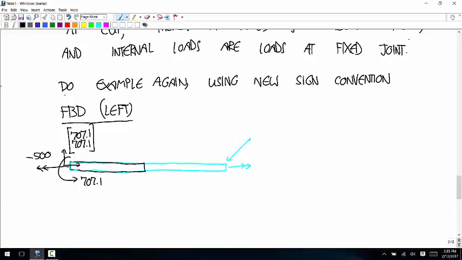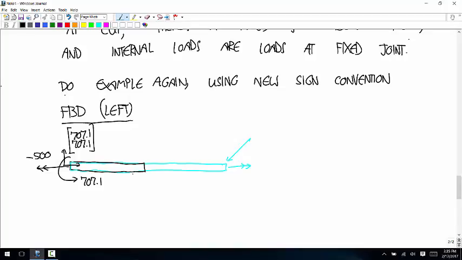And the only other loads are applied at this fixed joint between the two pieces. Now instead of representing that as a force vector and a bending moment about z and a torque about x, we're going to use that new sign convention.